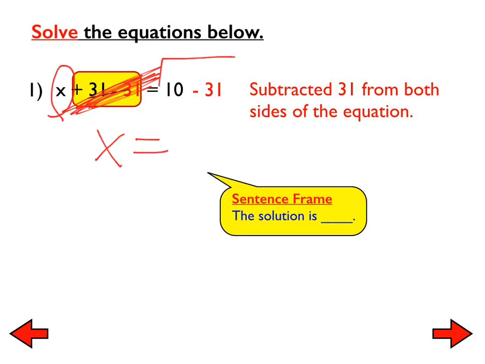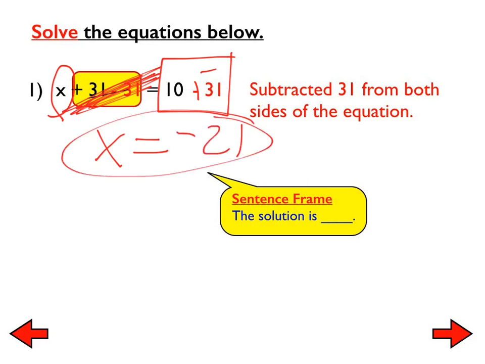And now we need to figure out what the answer to 10 minus 31 is. And we've done hundreds of problems like that, right? What's 10 minus 31? It's negative what? 21. It's negative 21. Add the opposite. We have 21 more negatives than positives. So x is negative 21.